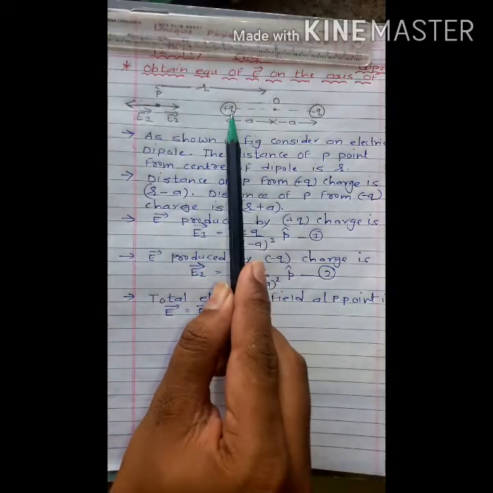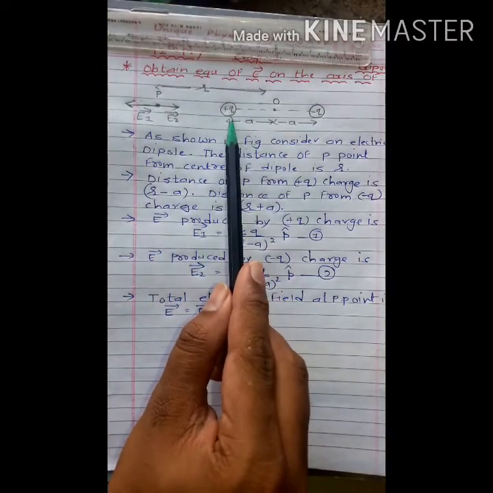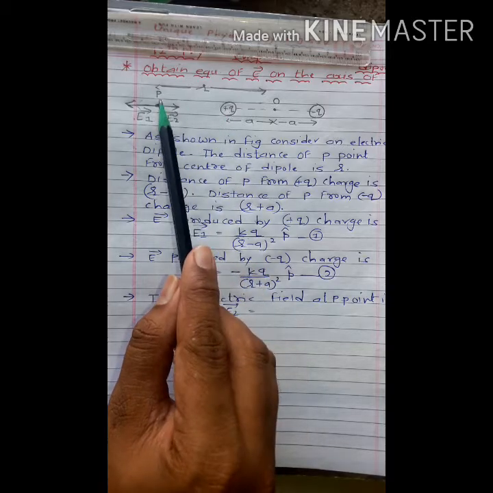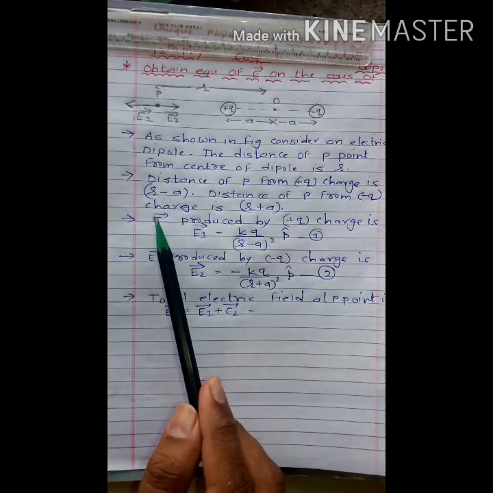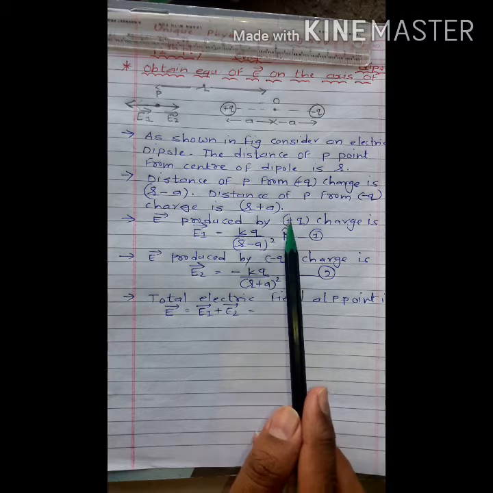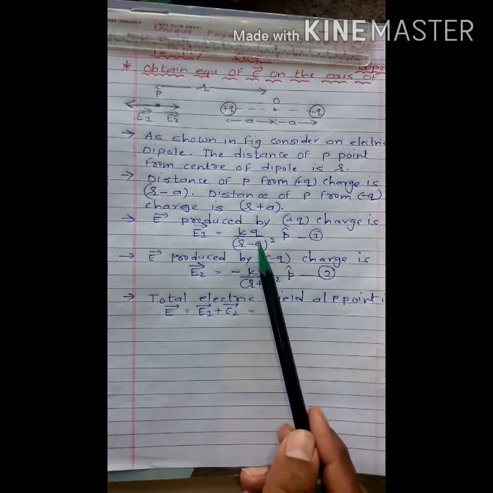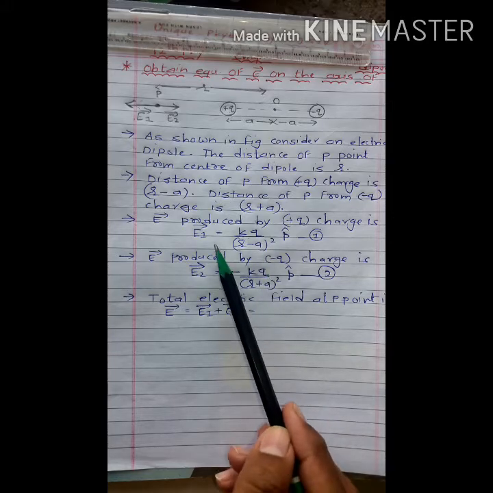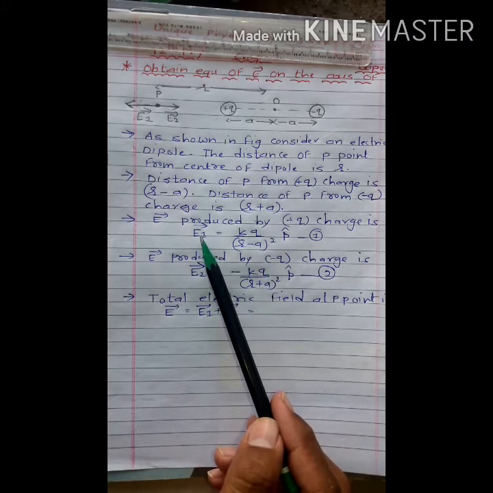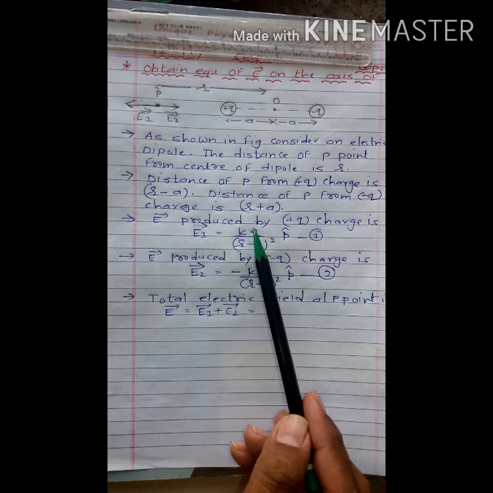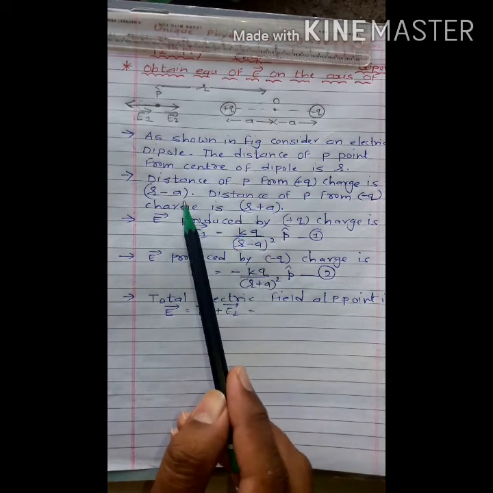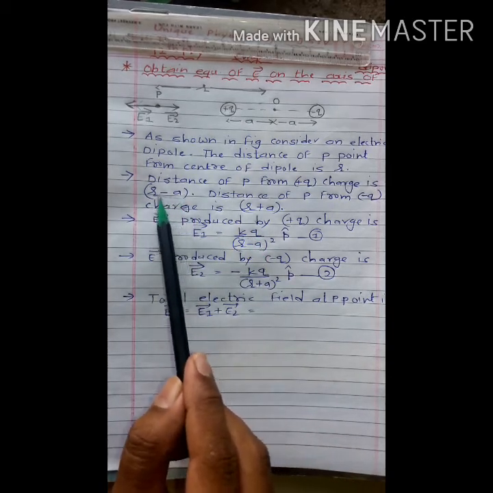Now here we have plus q charge. So first of all, electric field produced by plus q charge at P point is, so vector E, electric field produced by plus q charge at P point is given by, we have standard equation kq upon r square, but for plus q charge vector E1 is equals to kq upon distance of plus q charge is r minus a.